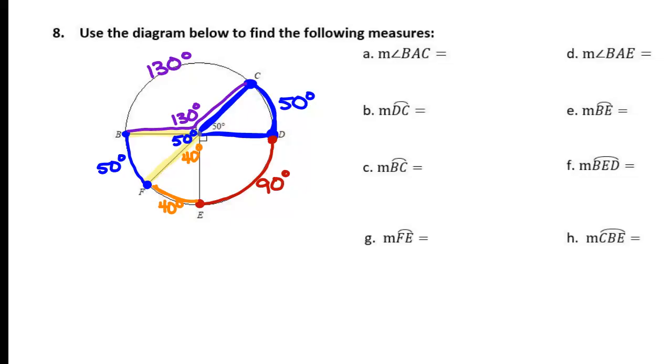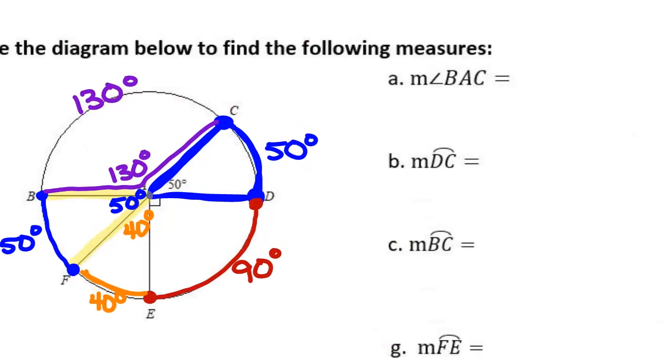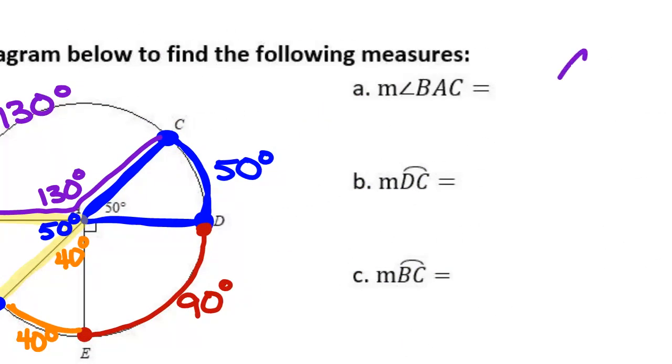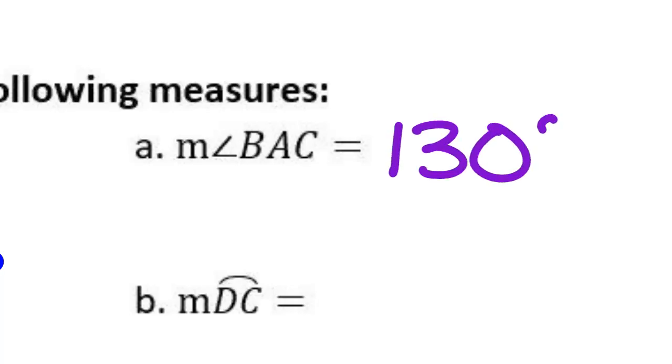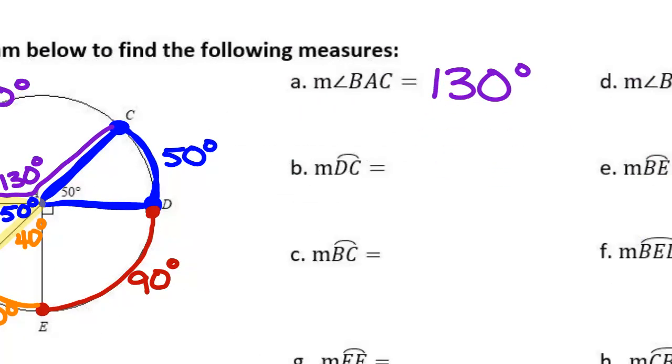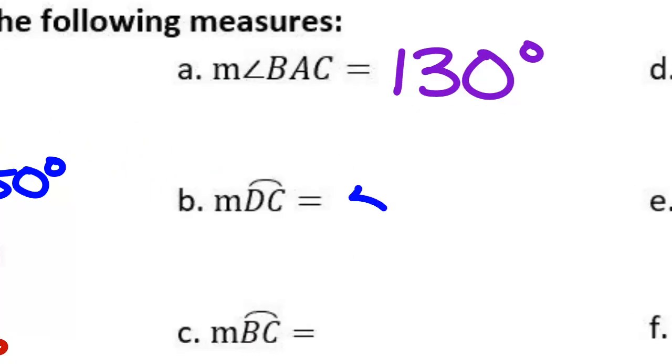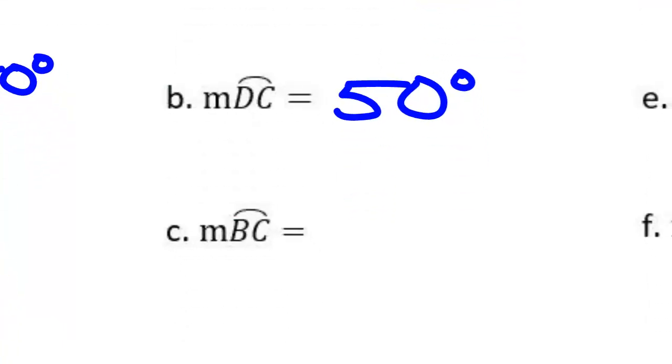So first thing they want is angle BAC. How big is angle BAC? 130. How big is arc DC? 50. How big is arc BC? 130.